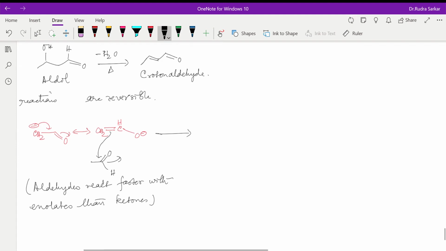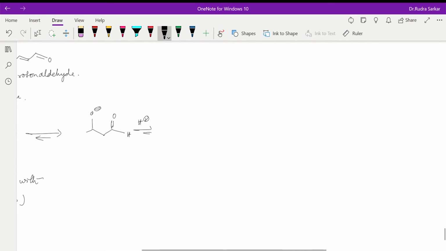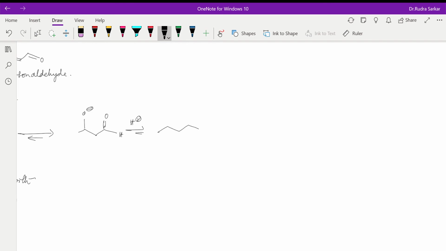And that would lead to the formation of what? O minus, double bond O, H, proton transfer, formation of beta hydroxy alcohol, aldehyde, sorry.